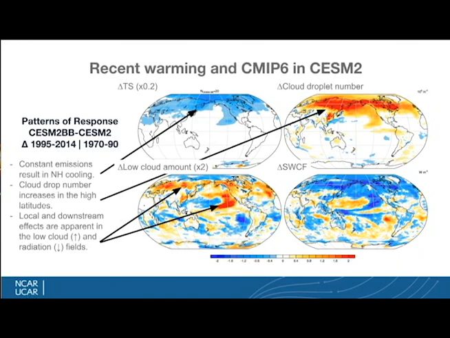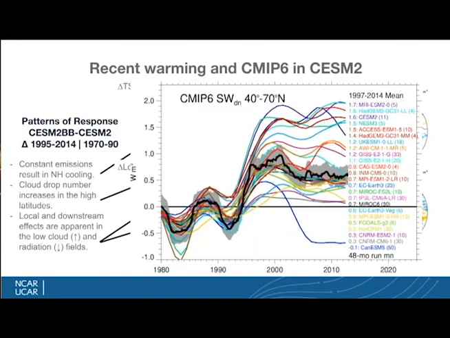So this would be interesting if it were only CESM2, but what becomes really interesting is that it seems to be much more a CMIP6 wide impact. And in particular, CESM2 is right here.